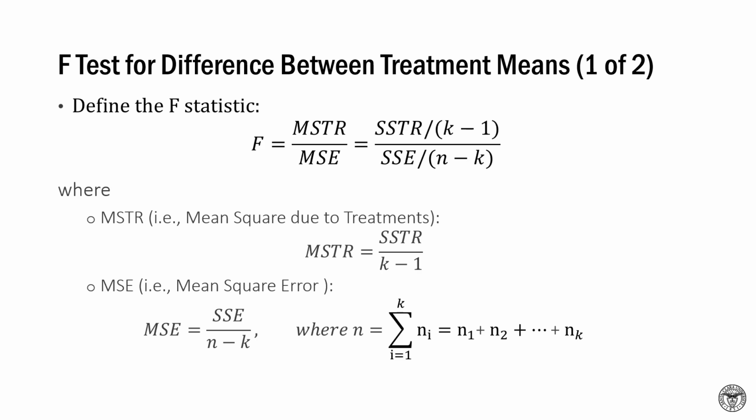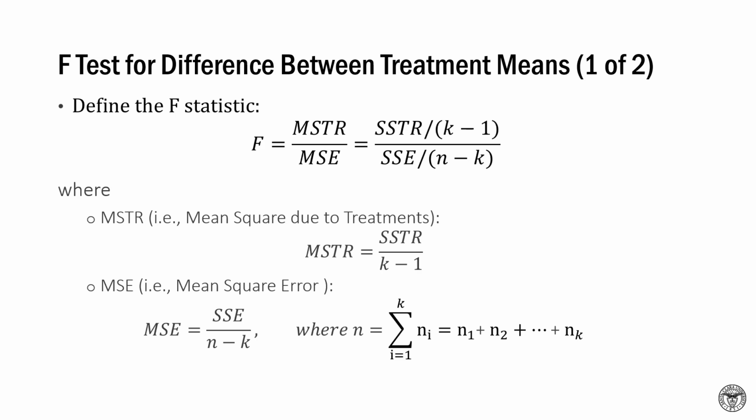MSTR is the mean square due to treatment, which is calculated as SSTR divided by its degrees of freedom, k-1. And MSE is the mean square error, which is calculated as SSE divided by its degrees of freedom, n-k, where n is the sum of all samples.